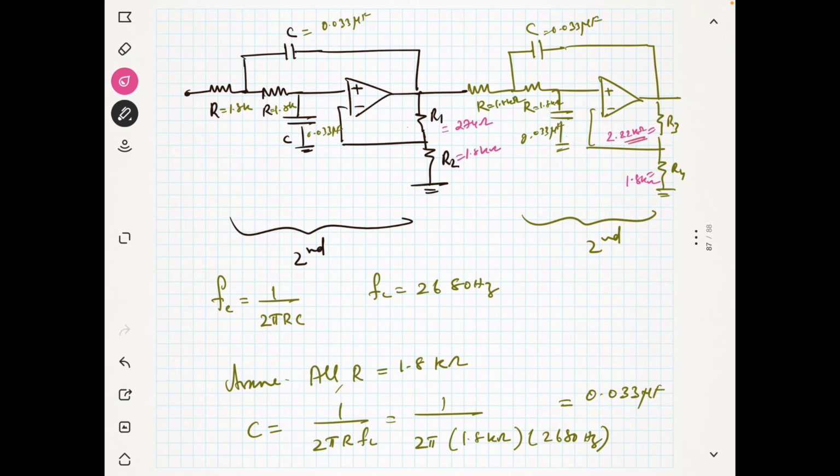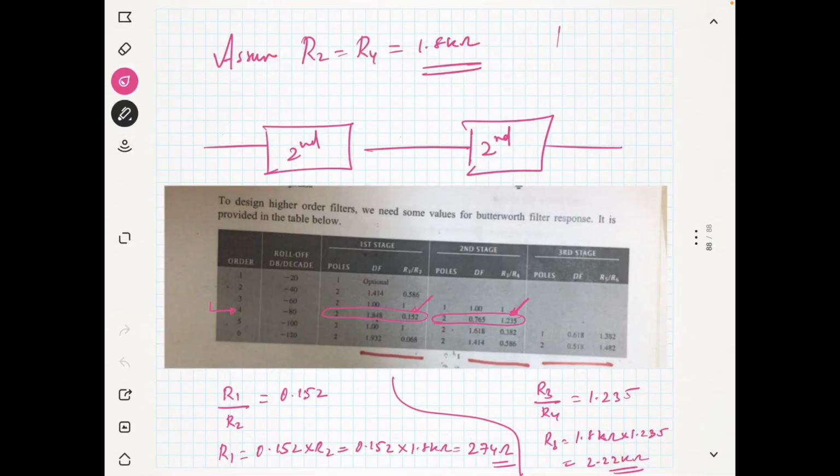So this is a fourth order filter, and you will get the response like this, with a roll off rate of minus 80 dB per decade. So this is the filter design. I hope you can design the third order filter also in the same way.